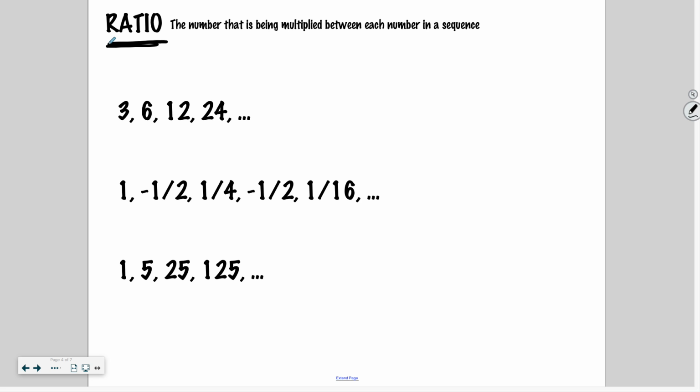Just like difference was important with our arithmetic sequences, now we got a common ratio. So to figure out our common ratios, these ones are a piece of cake. 3 to 6, 6 to 12, 12 to 24, we're timesing by 2. So the common ratio is 2.